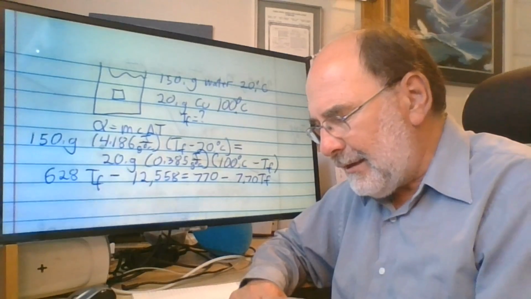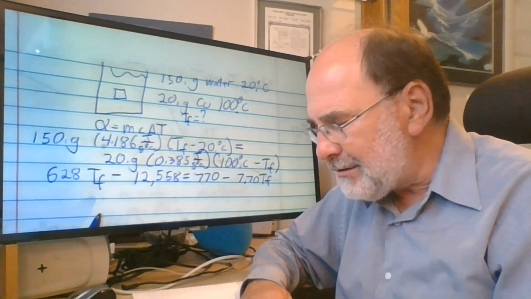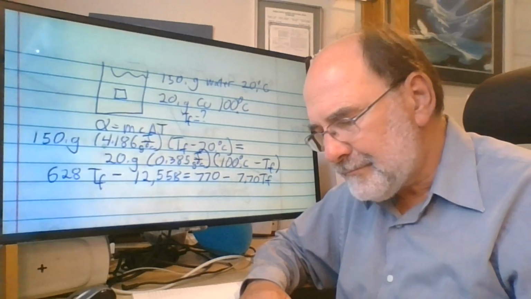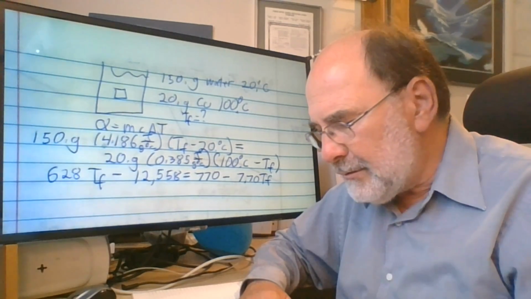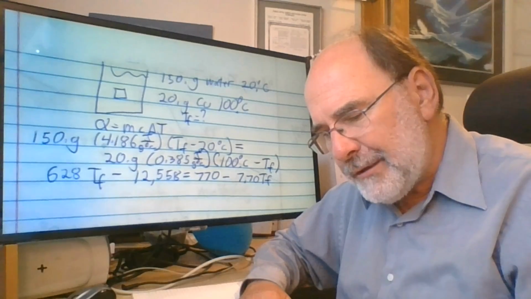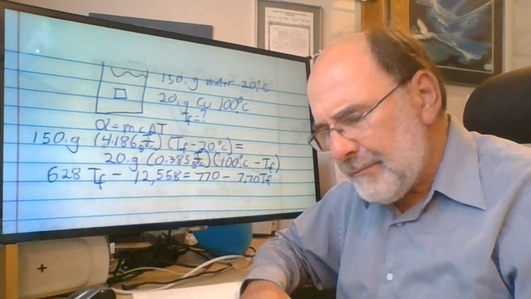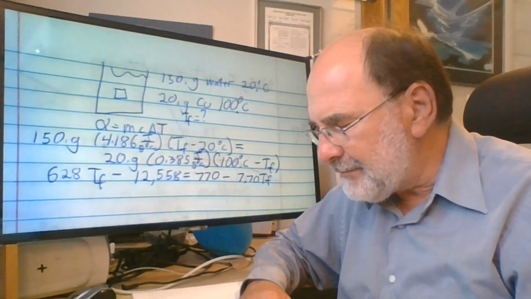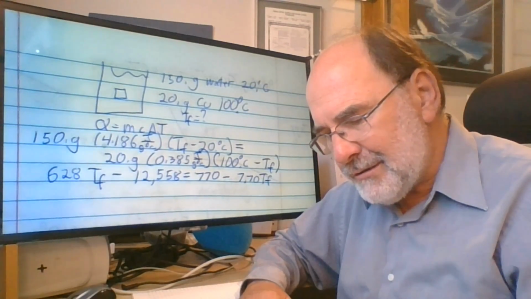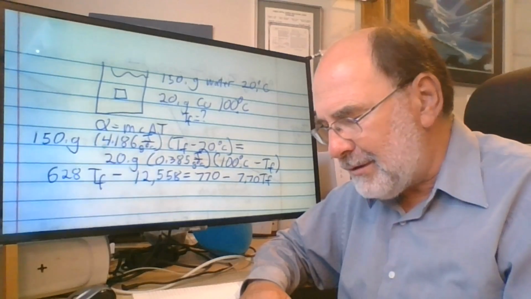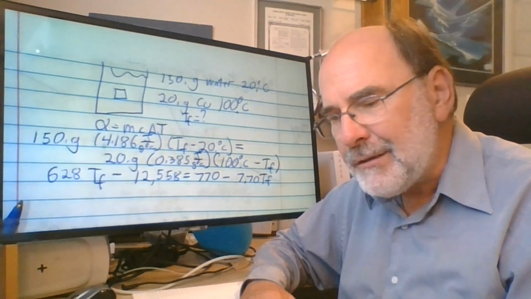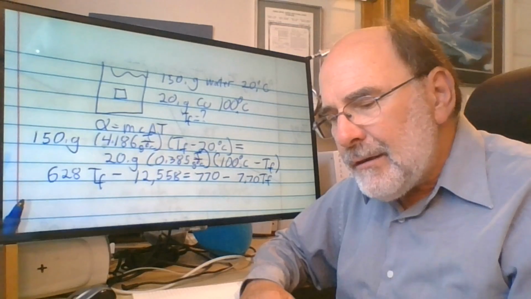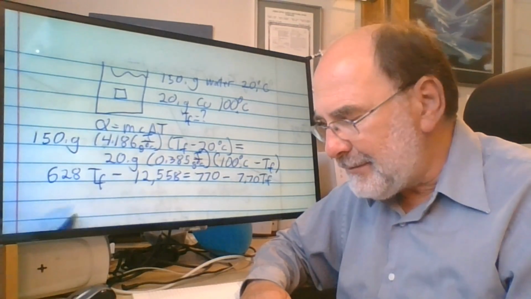Okay, now combine like terms and solve for T sub final. So I'll call it 628 plus 7.6, since I did round up by 0.1 earlier. That was really 620. It was really 627.9.